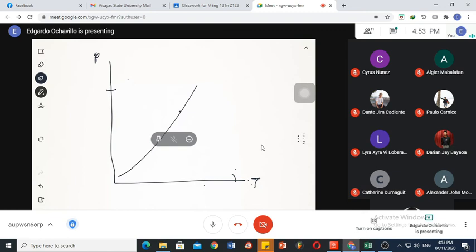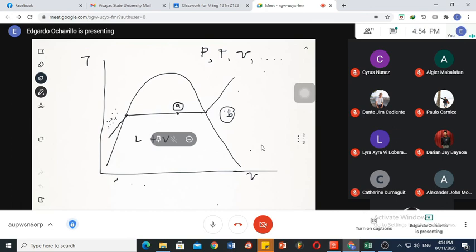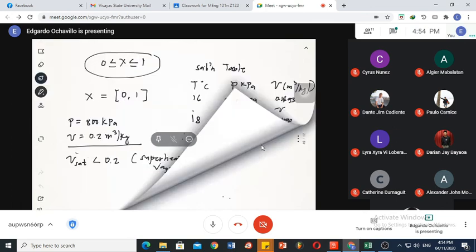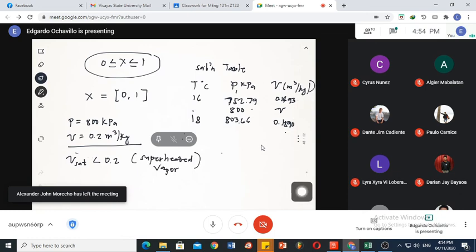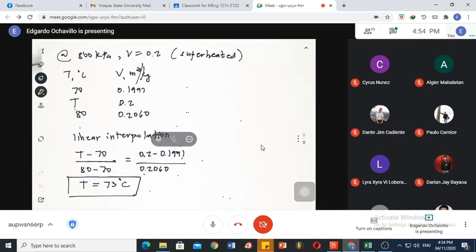And for example, if the tables have no values here, then you have to interpolate.